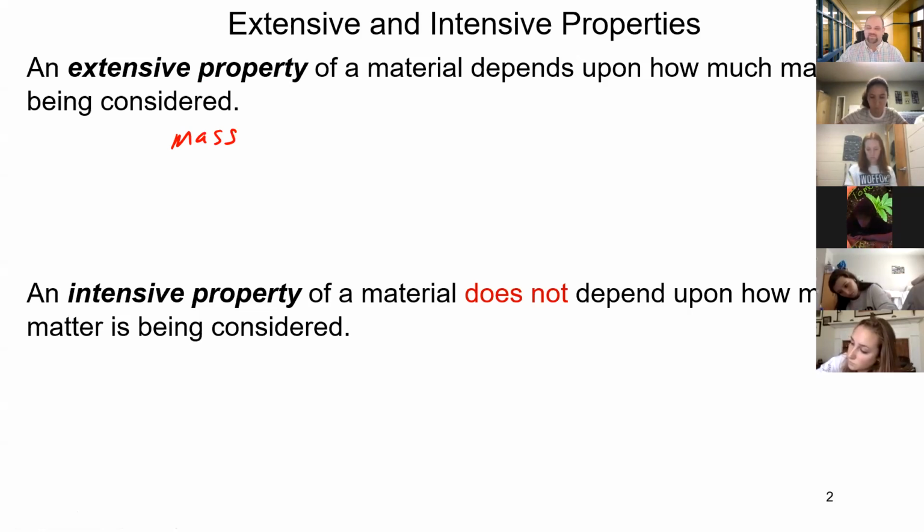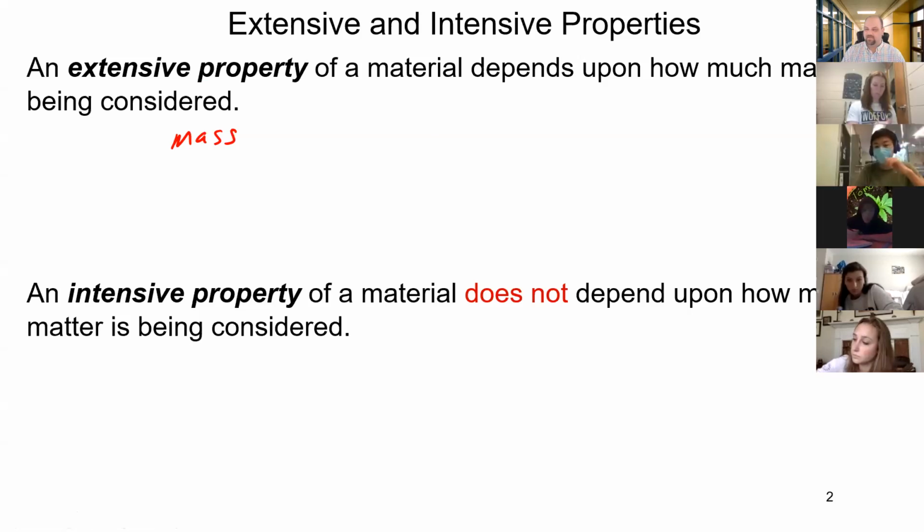Who can come up with some other examples of extensive properties, things that are based on sort of how much we have? Sure. Density? So density actually falls into this intensive property.